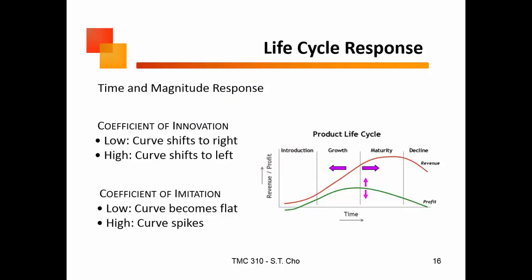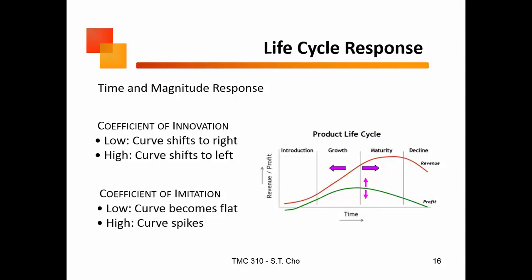Now, there's something called the coefficient of innovation and the coefficient of imitation. And what that affects is my curves have two shapes. They go left and right, meaning in time. Does it happen earlier? Does it happen later? And then there's the magnitude, up and down, meaning how spiky does it get.